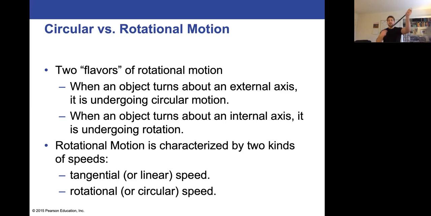Here's the clip, and here's the point around which it's rotating, and there's space between them. If we rotate a thing around an axis that is external to itself, that thing moves in a circle. We can trace the circular path through space of that.